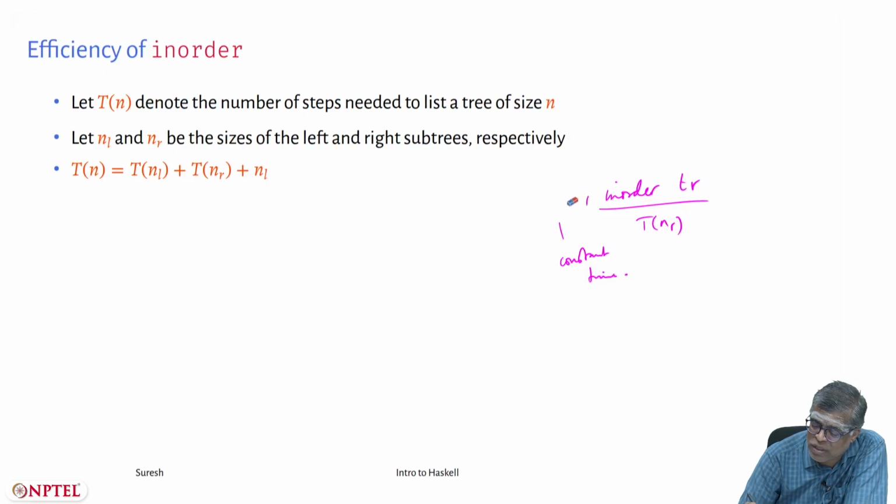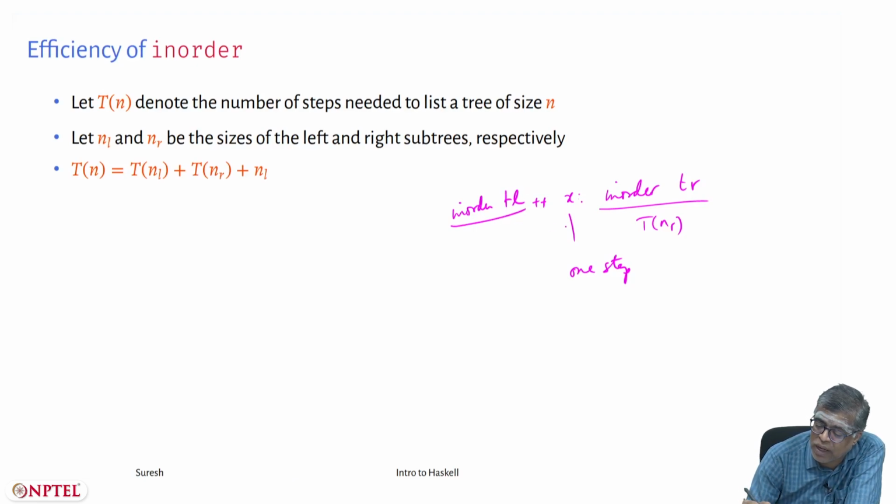Or you can even think of it as x colon, you do not even need to do this, you can just say x colon, one step. But then you have to do plus of in order TL, this whole thing.